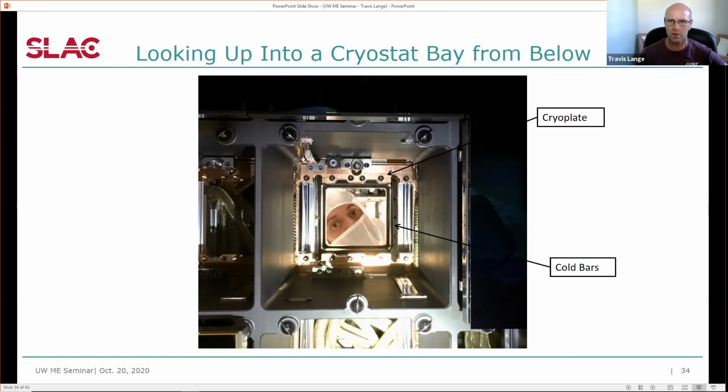We had some issues with those at one point in time. There are some thermal radiation shields that are in here, which hung over an extra millimeter into the clearance here, which caused us some problems that we had to resolve. So a lot of small details really make a big difference when you have a very tight tolerance object like this.